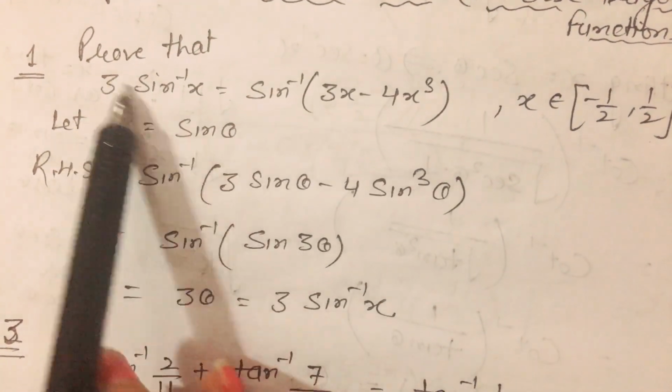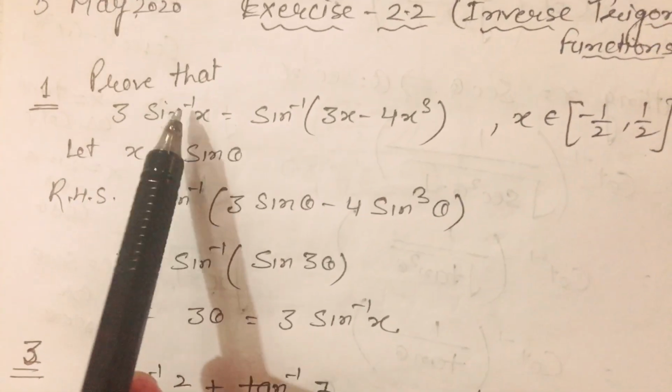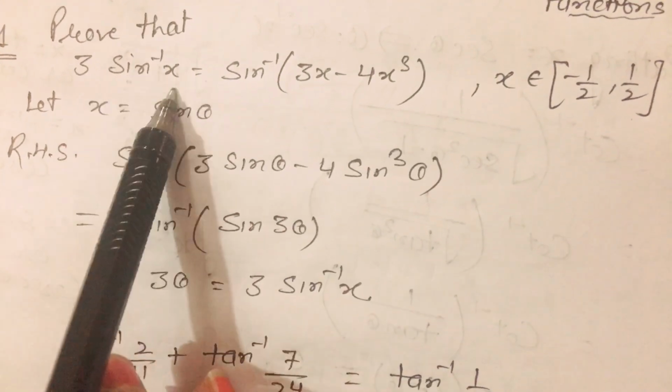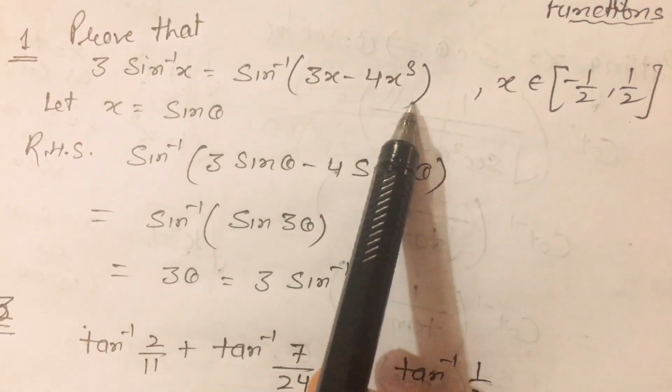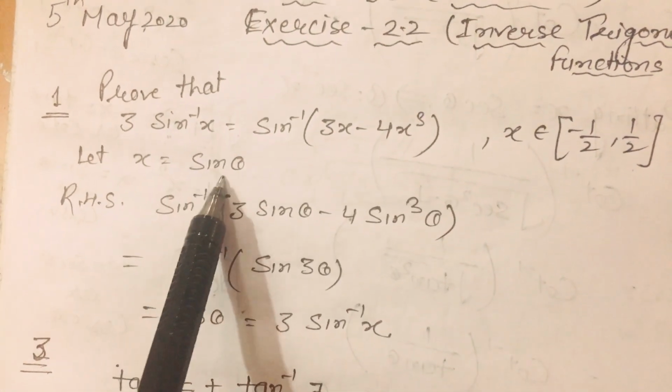So in these types of questions we will take small things. Suppose sine inverse x is theta, and we will put it in the right hand side. Then x will be sine theta.